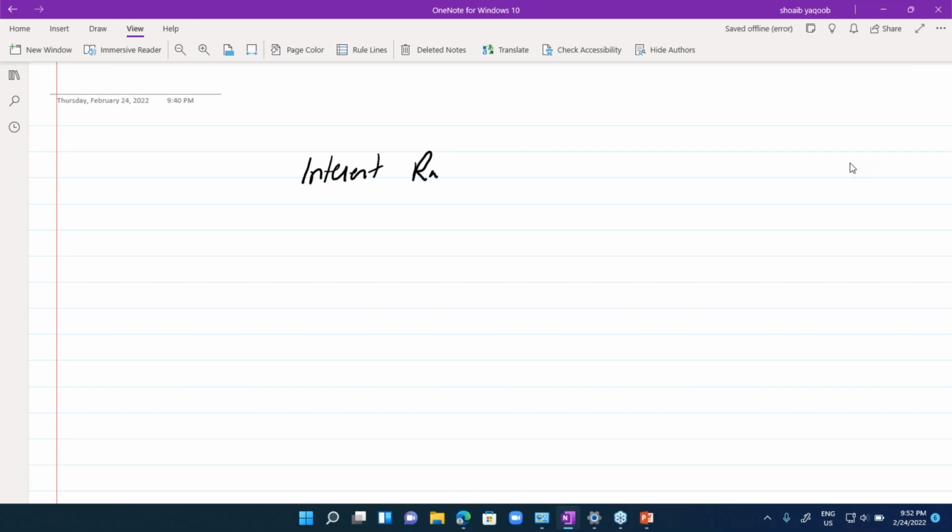Interest rate future. Step one: identify borrowing or lending.